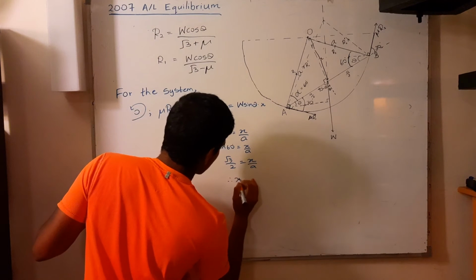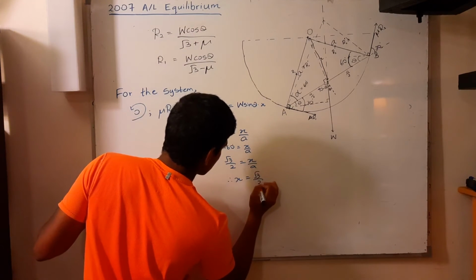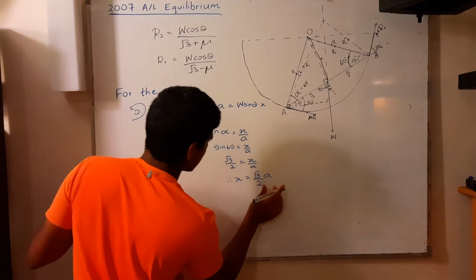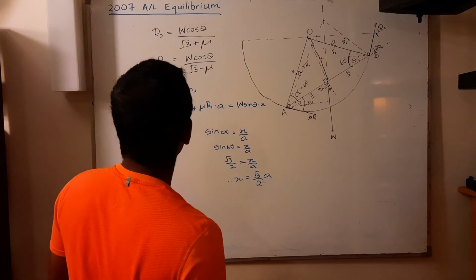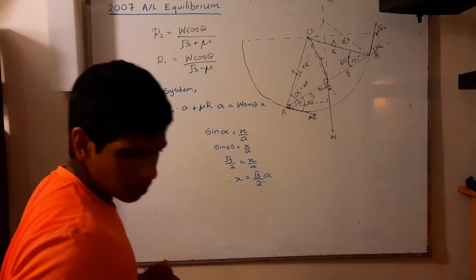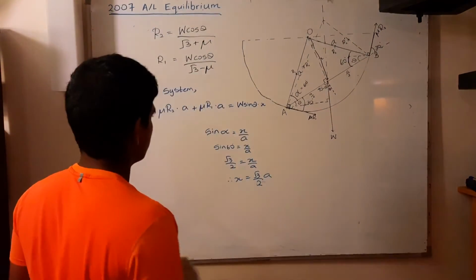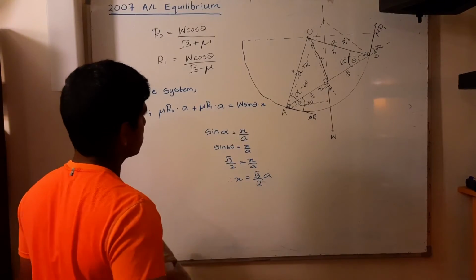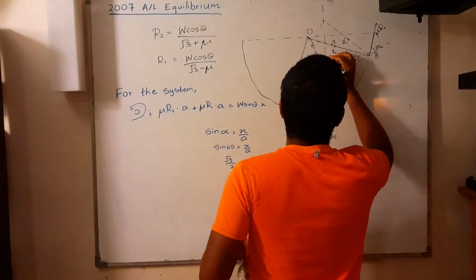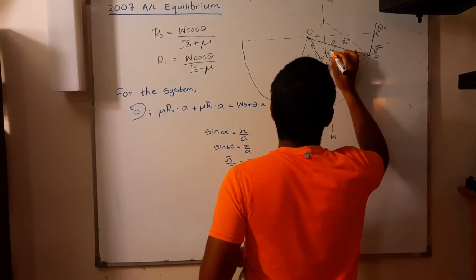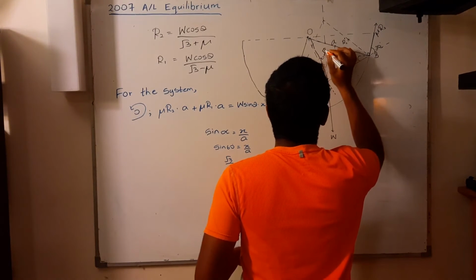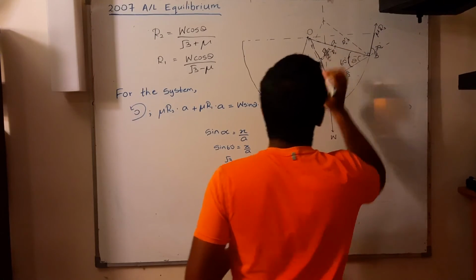So therefore x equals root 3 over 2 a. Since a is already given in the question, we can use that when finding the value for tan theta. So I'm going to substitute this value for x. Just write it on top over here, root 3 over 2.